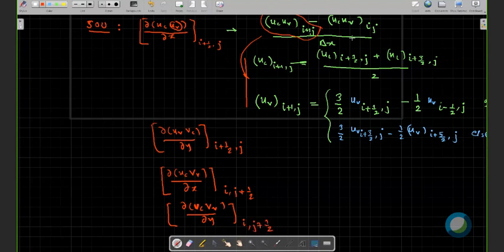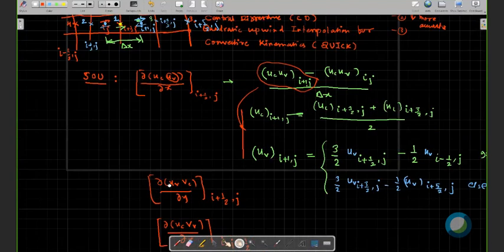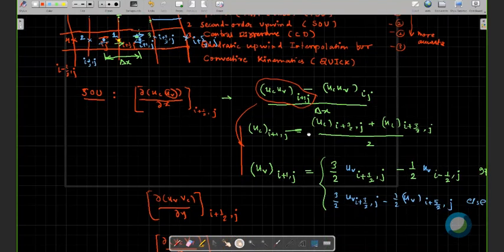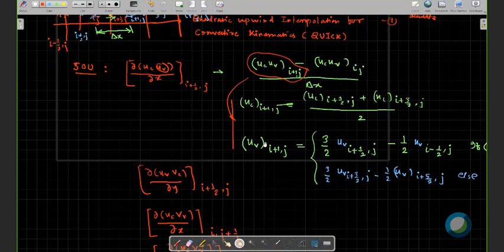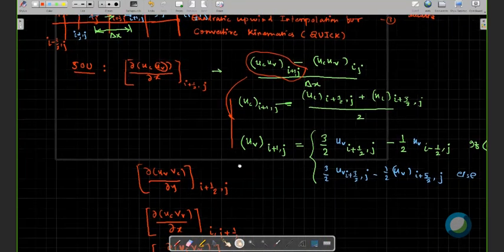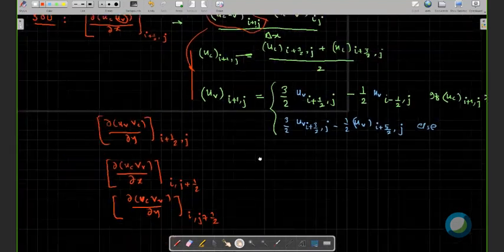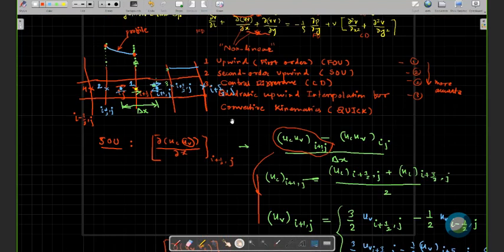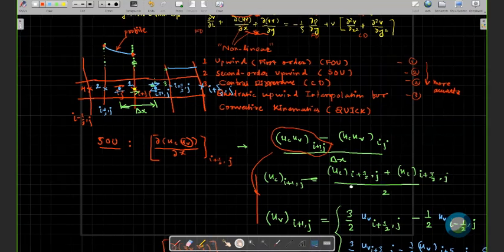So use this same philosophy and find out the values for the variables. Okay. So what are the expressions you will get? Those will be the expressions for second order upwind. The basic philosophy was already discussed in the previous class.